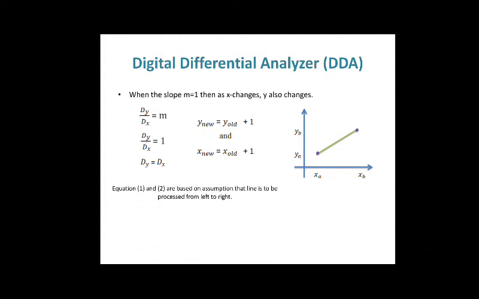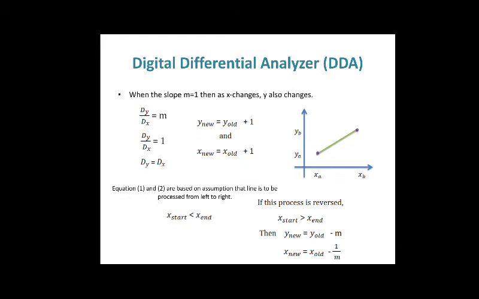Both the equations we have seen in the last slide, equations 1 and 2, are on the assumption that the line is to be processed from left to right, okay. Whenever we are drawing a line, we are processing it from left to right, which means the start of the line is smaller than its end, that is, xa is less than xb.